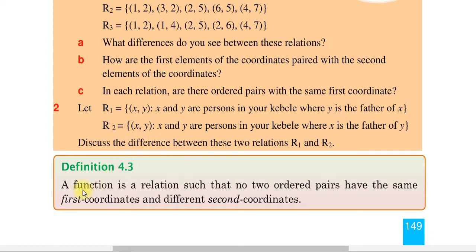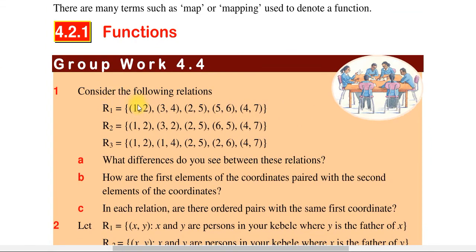There is a definition here: a function is a relation such that no two ordered pairs have the same first coordinate and different second coordinate. No two ordered pairs have the same first coordinate and different second coordinate.